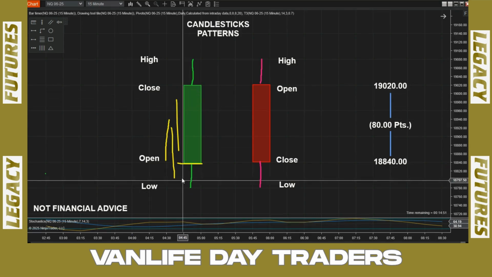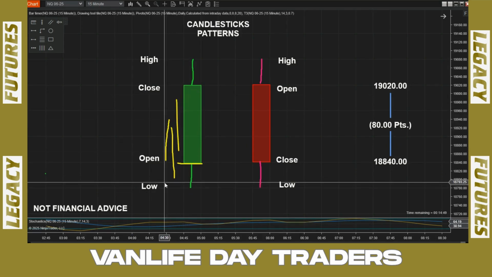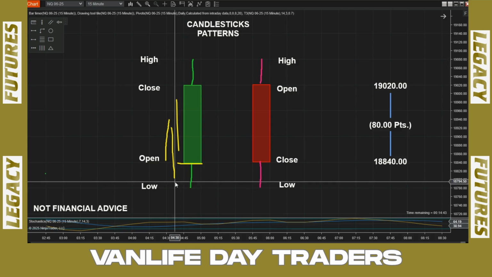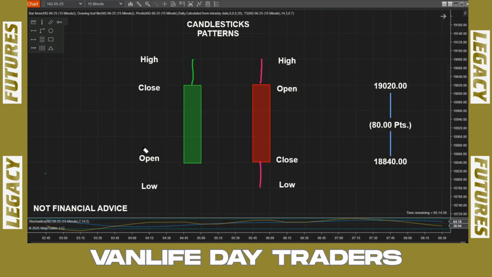We don't know what happened during those 15 minutes. If it went high first and then low, we're going to see that live later on. But that is what this means. At the end of the 15 minutes, this is the information that we have.